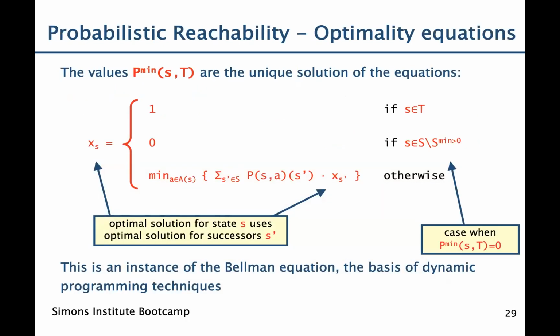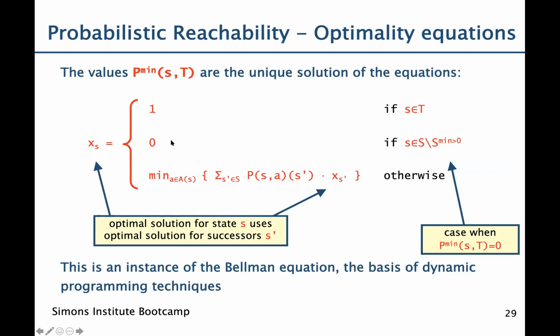So let's now move on to the optimality equations for probabilistic reachability. The values of the minimum probabilities are the unique solutions of the following set of equations. The minimum probability for state S: if it's in the target, obviously it's 1.